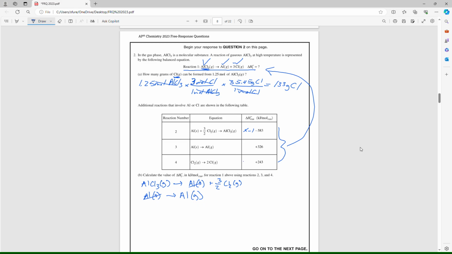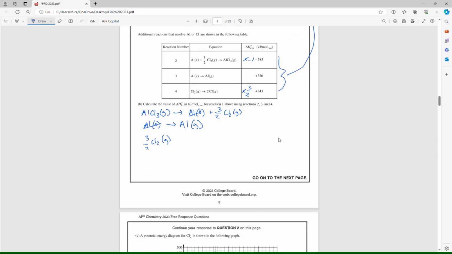So we'll multiply this bottom one by 3/2, because 2 times 3/2 is 3, and that would give us the 3 chlorines. So that bottom one, 3/2 Cl2 gas, to make 3 chlorine gas.